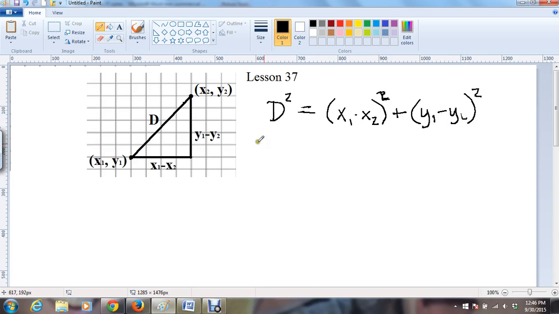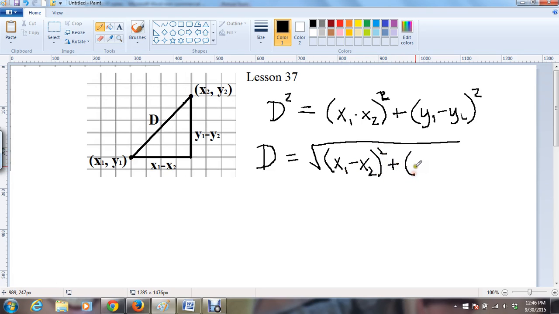So this is just the Pythagorean theorem for this triangle right here. And so to solve for d, you're just going to take the square root on both sides. So d would equal the square root of the difference in the x's squared plus the difference in the y's squared.